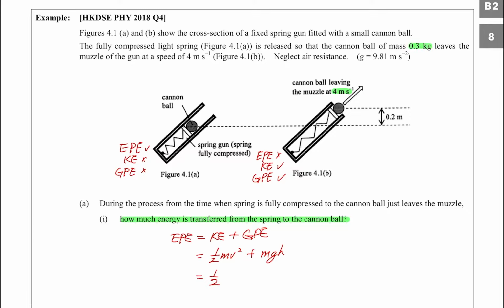Mass of the cannonball is 0.3 kg. And the height would be 0.2 meters. And this gives us 2.9886 joule. So this is the amount of EPE stored in the spring, and therefore this amount of energy will transfer to the cannonball when it is released.